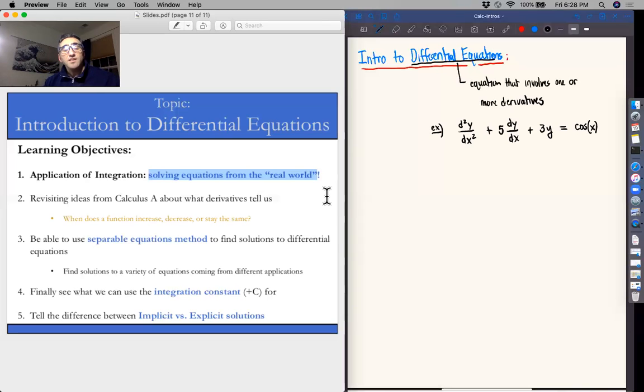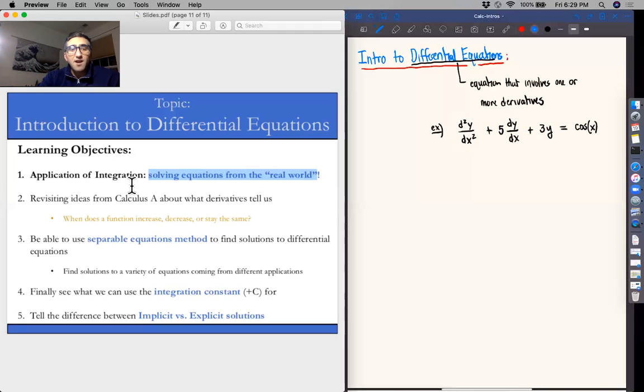This is a little above our pay grade in Calculus B, but it is an example of a differential equation. We have an equation that has a second derivative in it, a first derivative in it, and so on. Any equation which involves one or more derivatives is called a differential equation.